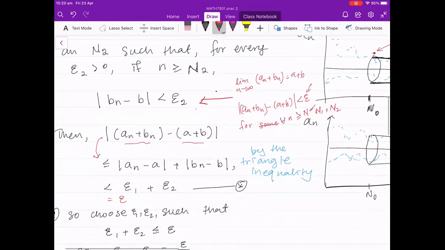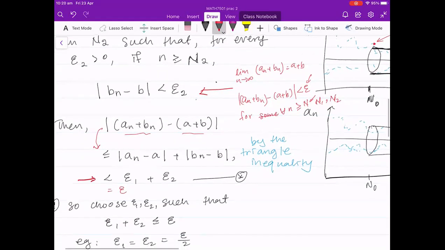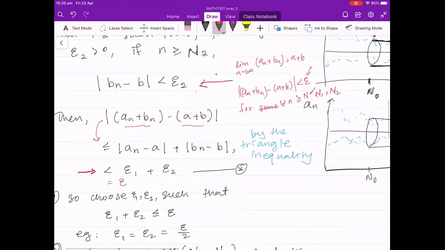Okay, so we can choose epsilon 1. Initially we go up to this step, but then we go back and say that we can choose epsilon 1 plus epsilon 2 to be less than or equal to epsilon. For example, if I choose epsilon 1 and epsilon 2 to be epsilon over 2, would that help?